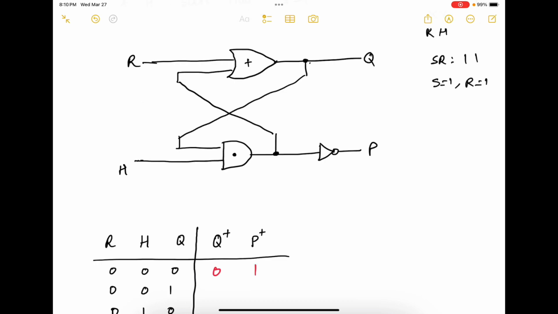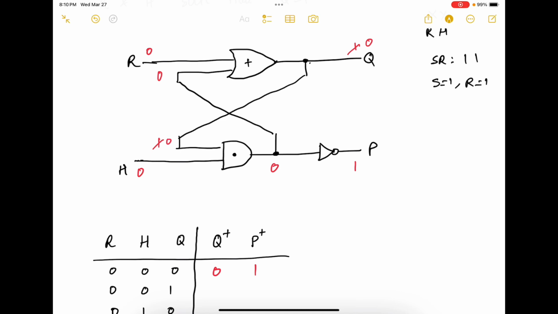Let's take the next combination where R is 0, H is 0, and Q is 1. In this case, the 1 comes down here. 1 and 0 is 0. 0 flip is 1. 0 goes up here, and 1 is removed because 0 or 0 is 0.